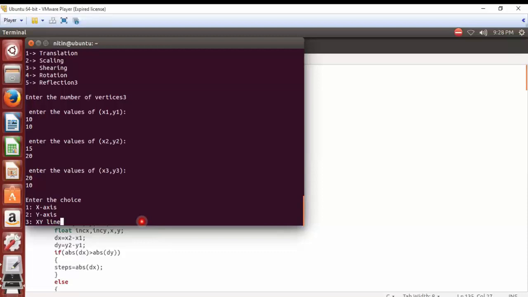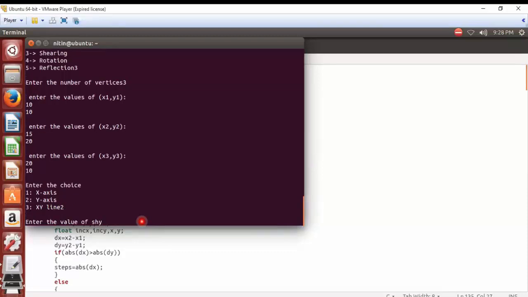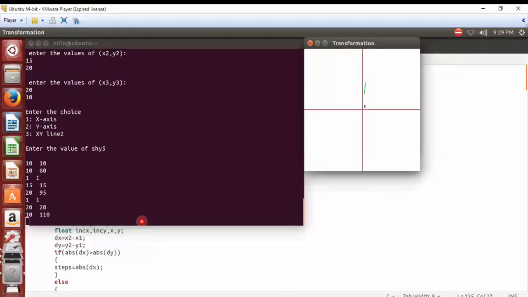So input is 2, only the y shear factor, that is shy. So the new y dash value will be given by the formula y dash is equal to y plus shy into x. The x values will remain same. So shy will be 5 here. So see here, x values remain same, only y values get updated. And this is the output of y shear.